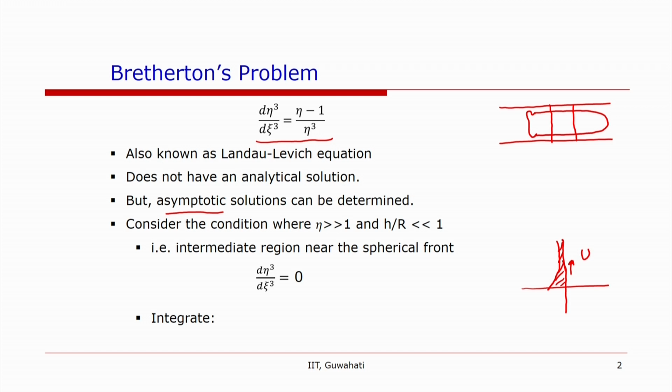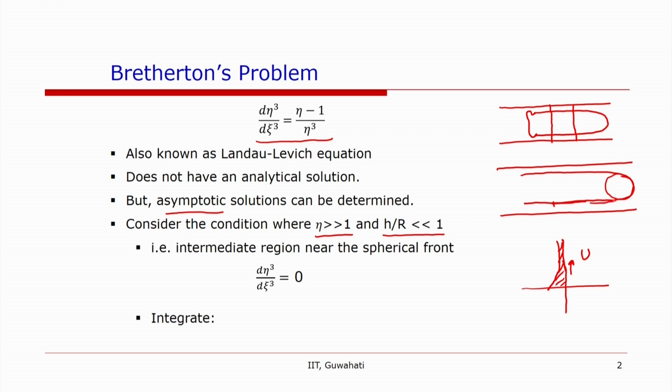in different regimes. To start with, we will consider a region where eta is greater than 1 and h over r is less than 1. To remind you, when we were analyzing this problem, we considered the front of the bubble, which is spherical, and this is the constant thickness film region.